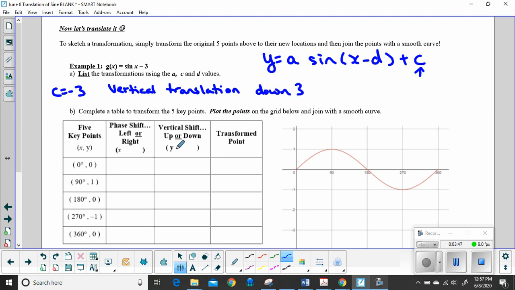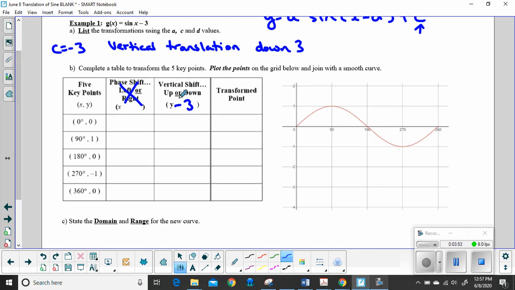So that means my y values are going to all get subtracted by 3. I'm not doing any changes to my x values in this one. I'm only changing my y values and bringing them down 3. So I'm going to have 0 minus 3, which is -3. I have 1 minus 3, which gives me -2. 0 minus 3 gives me -3. -1 minus 3 gives me -4.